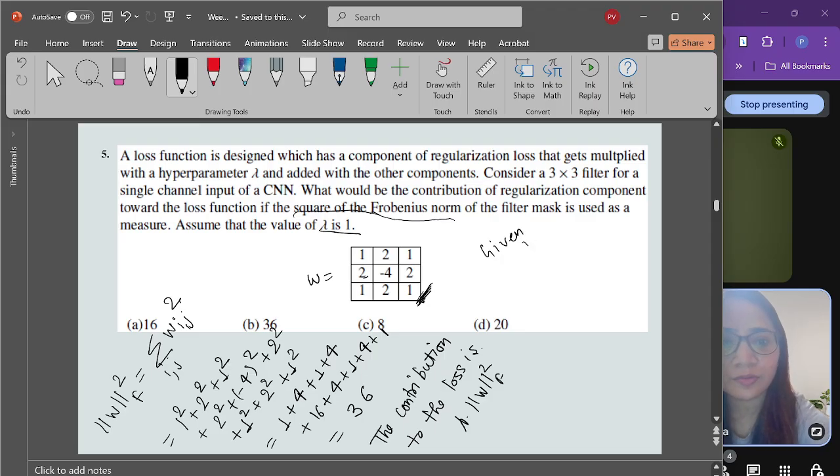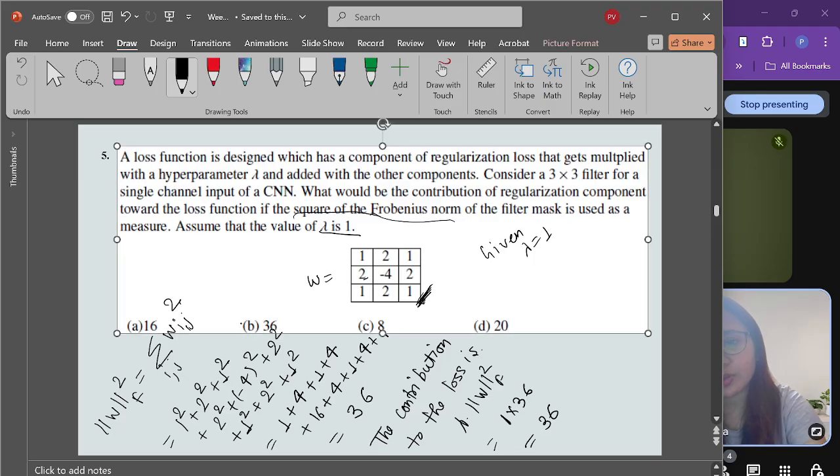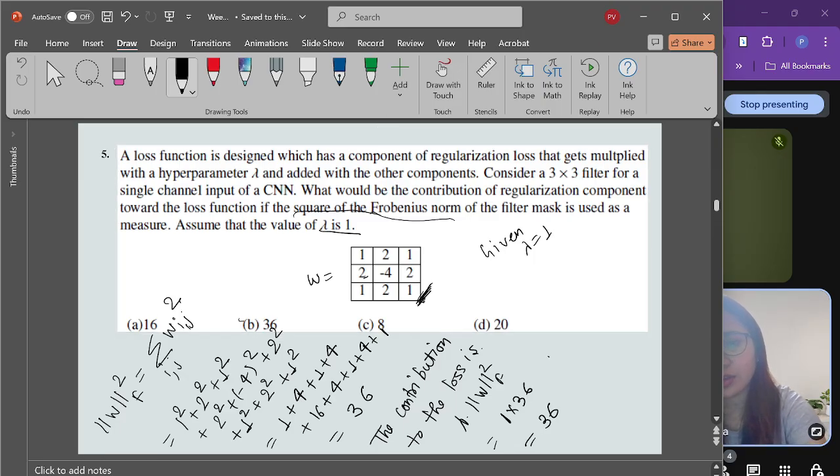Lambda is equal to 1. So just 1 multiplied by 36. So overall you will get 36. If you see, option B is the correct answer for this question. The Frobenius norm is 36.